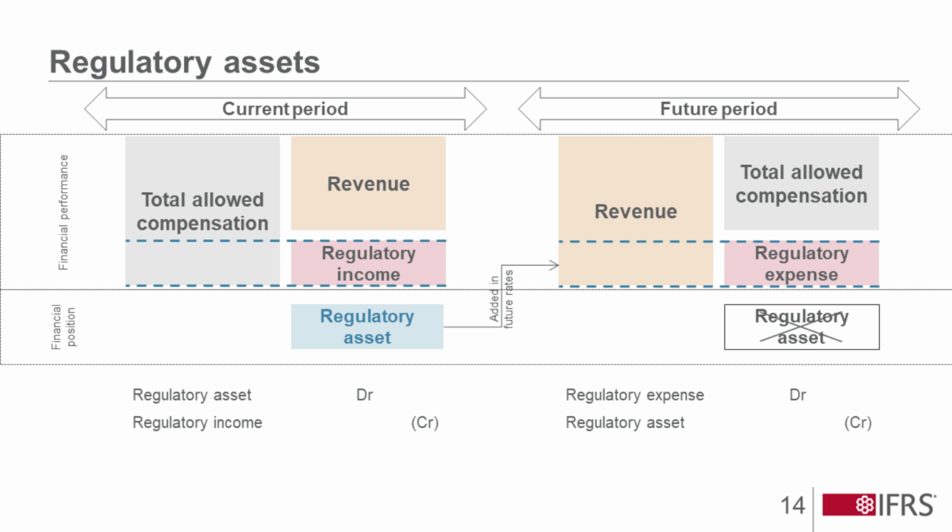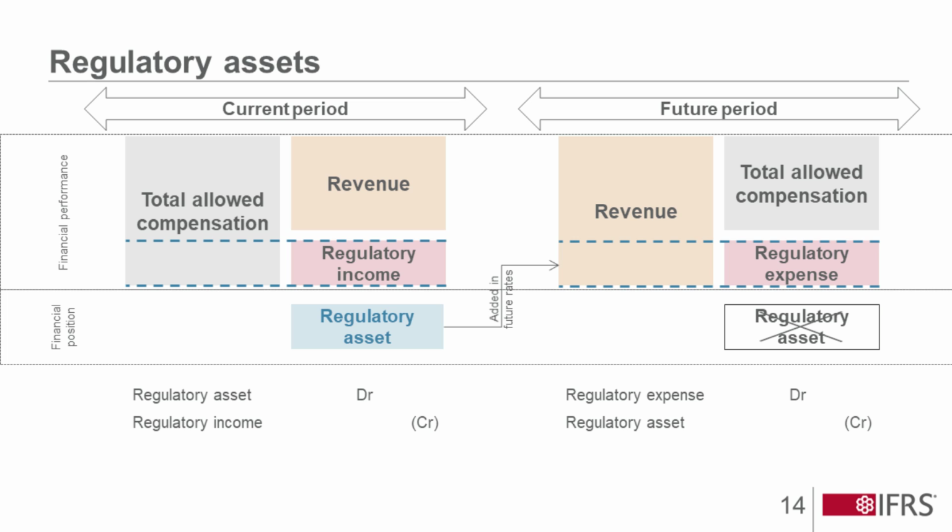So I will now talk about a regulatory asset and a regulatory liability in some more detail. An entity has a regulatory asset when total allowed compensation for the goods or services supplied in a period has not been fully included in the regulated rates charged during that period, and consequently has not been fully included in the revenue recognized during that same period.